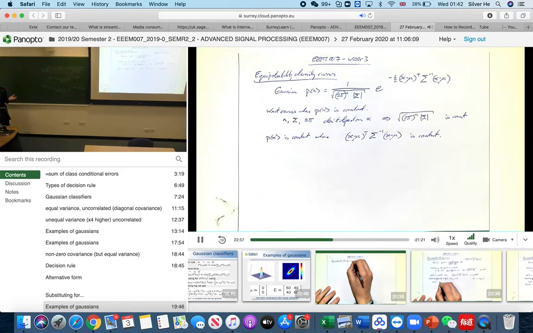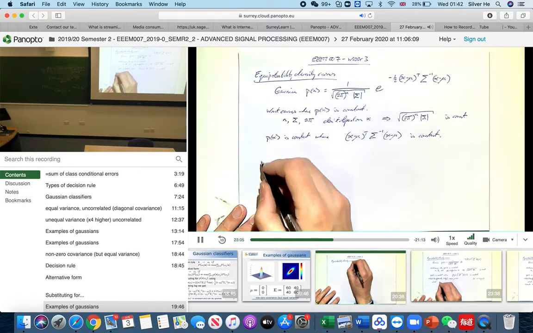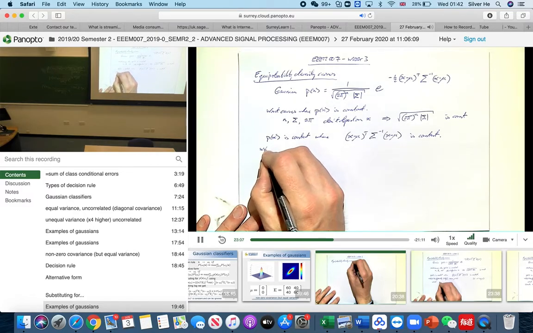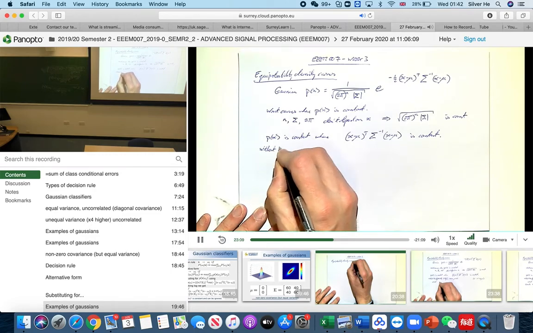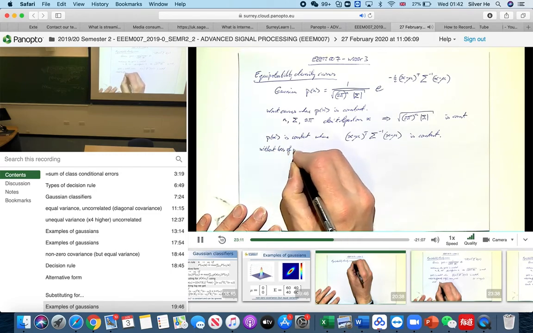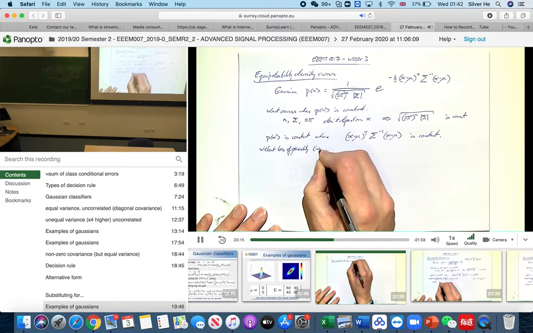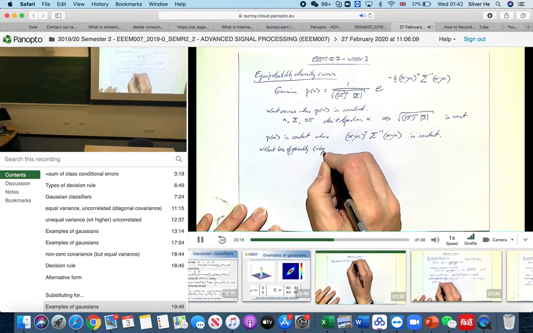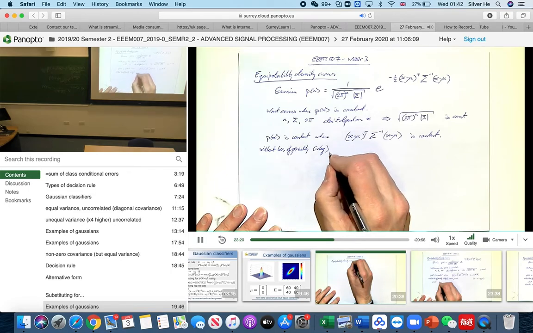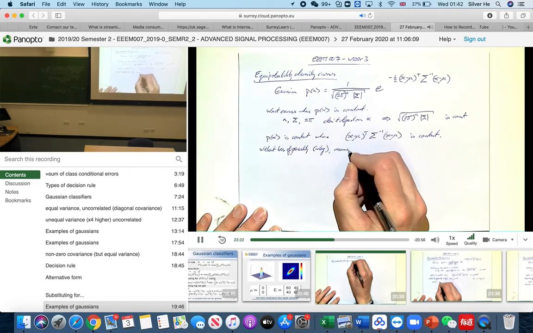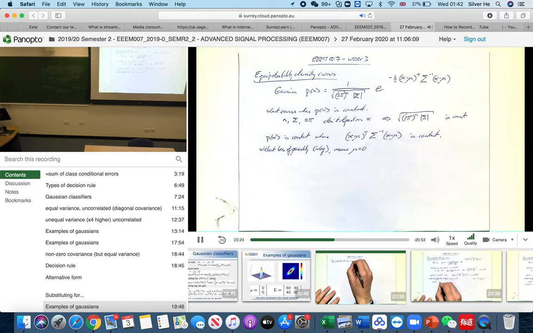Now mu just sets the center, just sets the mean. So to simplify things, I'm just going to assume, without loss of generality, we're going to assume mu equals 0.